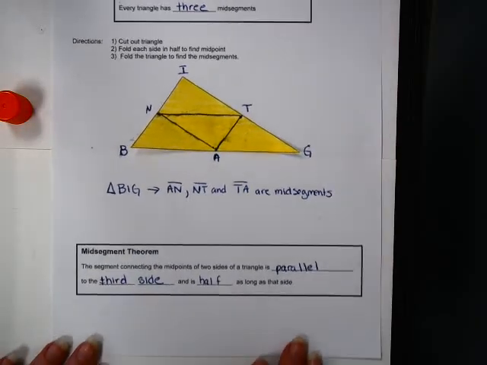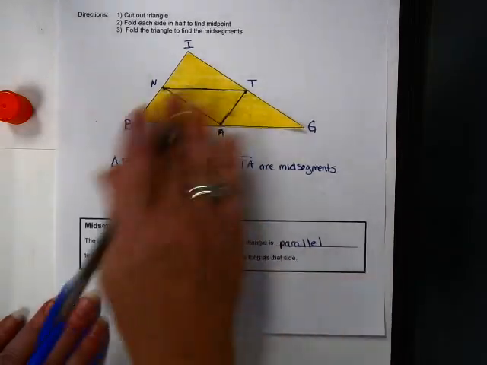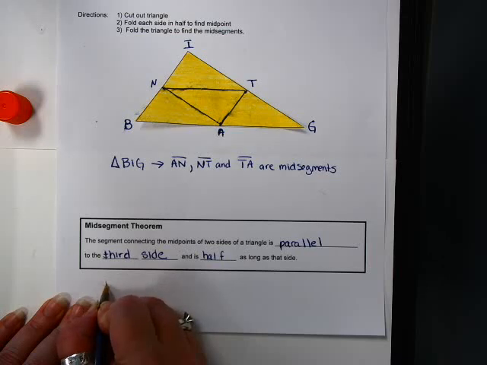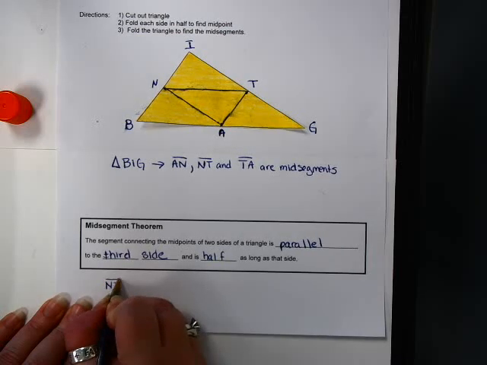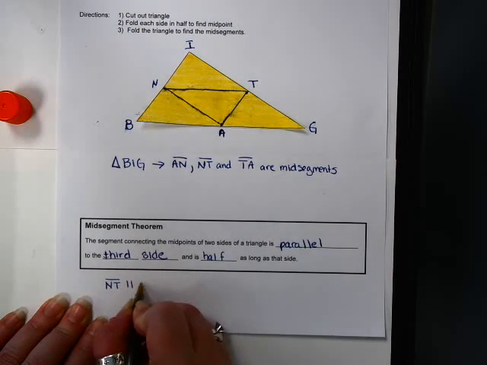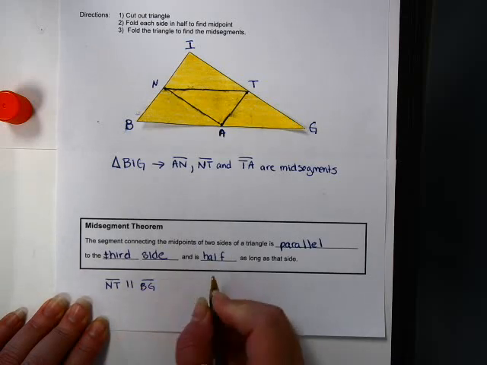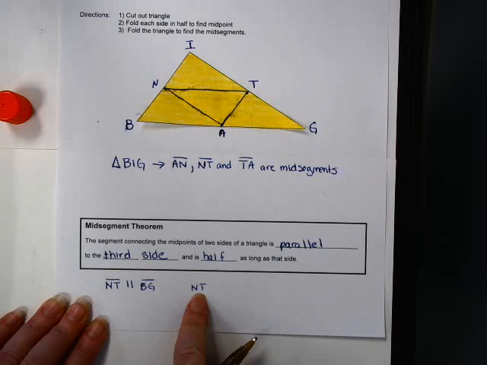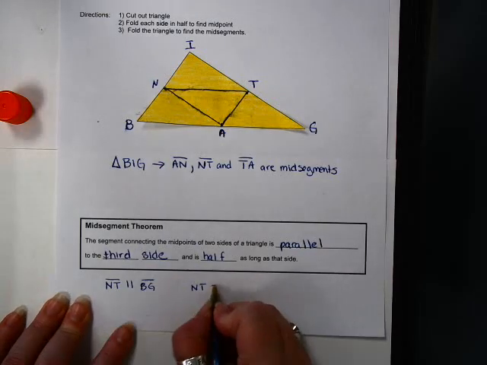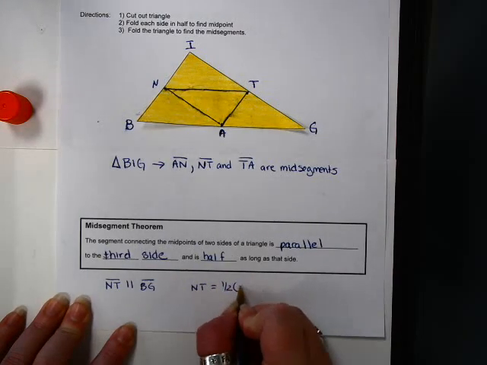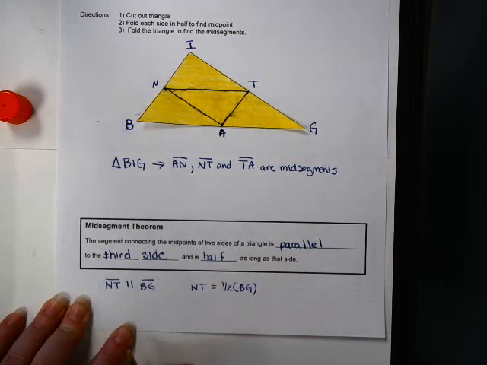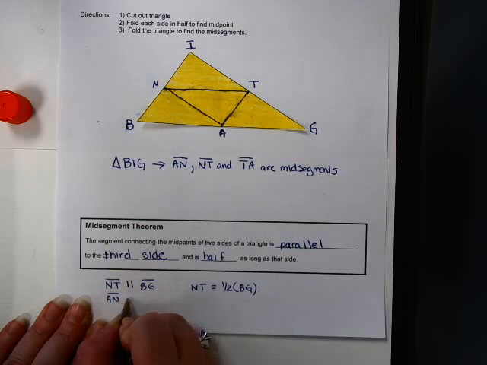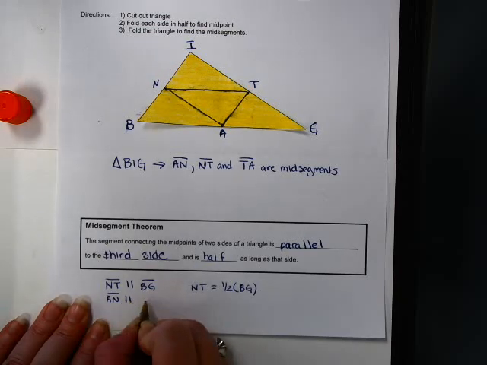Okay, so let's write down everything that we know about this triangle now using this theorem. I know that NT happens to be parallel to BG. I also know that NT, without segment notation, because now we're talking about a number, is equal to half of BG. I know that segment AN is parallel to segment IG.